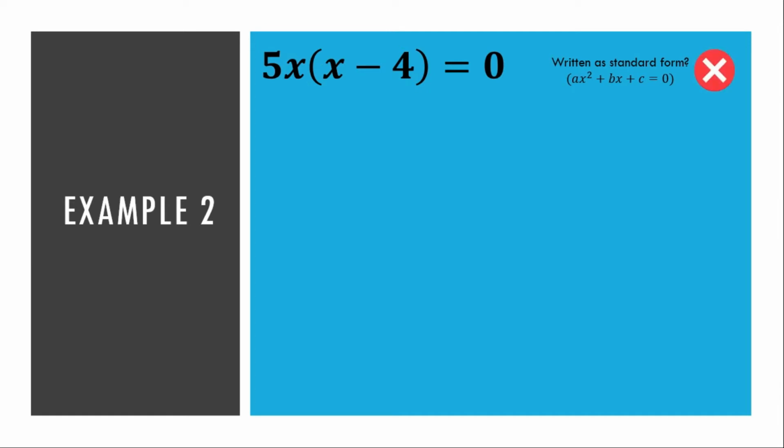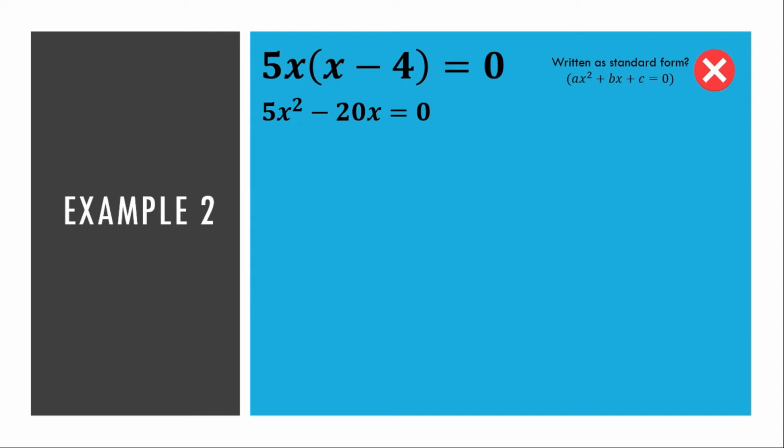Another example, 5x times x minus 4 is equal to 0. Is it written as standard form? So, hindi pa. So, i-rewrite natin yan as a standard form. Distribute nyo si 5x into the parentheses na x minus 4.